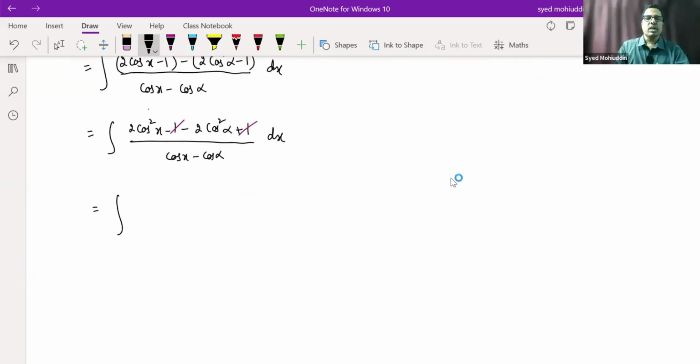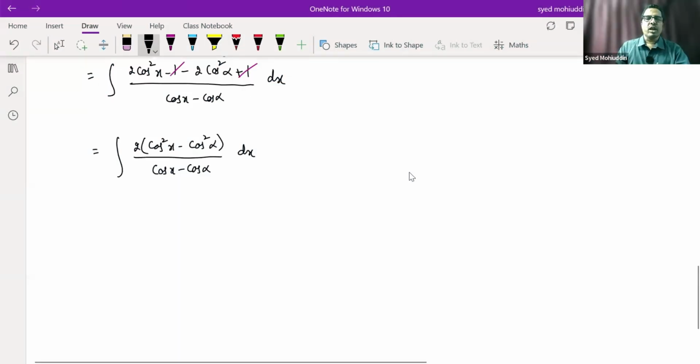You'll just be left with the integral of, and in these two terms you can observe that 2 is common outside. Write the value as cos square of x minus cos square of alpha, whole divided by cos x minus cos of alpha times dx. Since 2 is a constant, you can take it outside the integral. Now a square minus b square can be written as a plus b into a minus b.